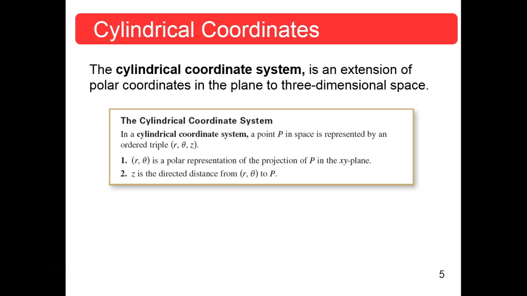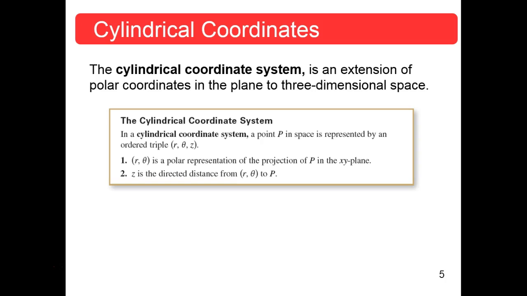So it's really the same type deal as you do for Cartesian coordinates. In cylindrical coordinate system, the point P in space is represented by the ordered triplet, R, theta, and then Z. R theta tells you where you are on the R theta plane, and then how high you go, Z. It's just like XY plane, then how high you go, Z.